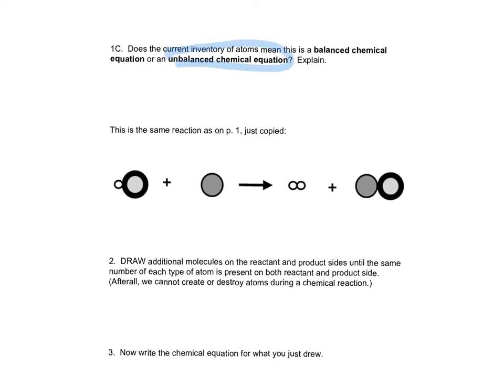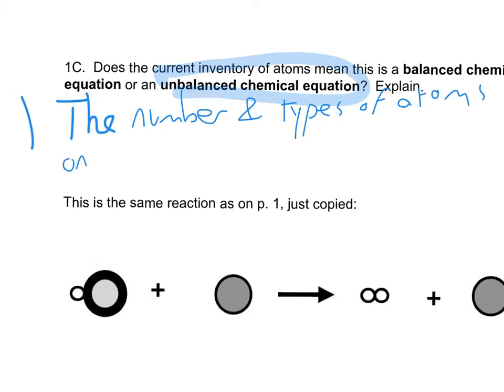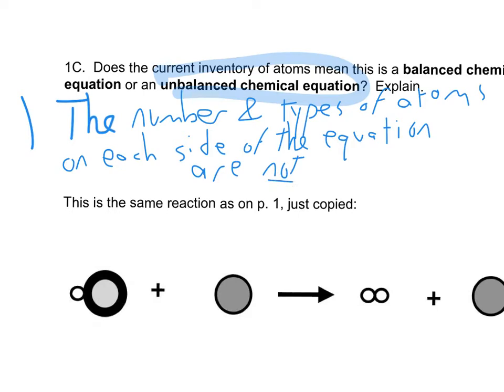And that is for the very reason that it is unbalanced because the number and types of atoms on each side of the equation, meaning the arrow, each side of the chemical equation, are not equal.